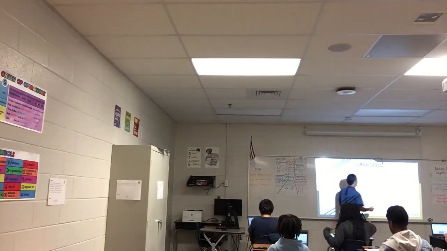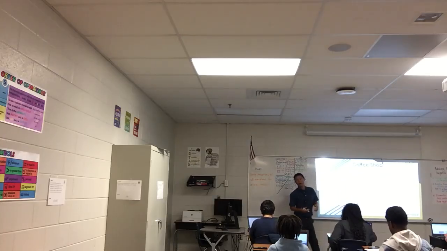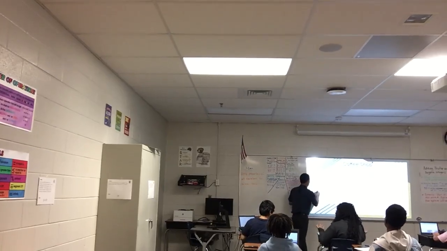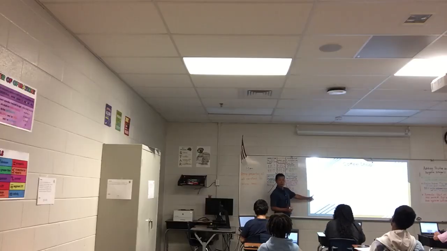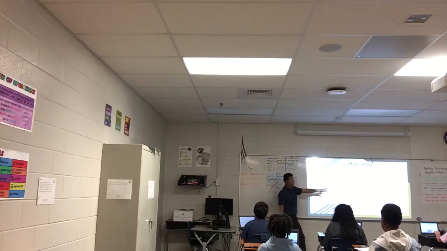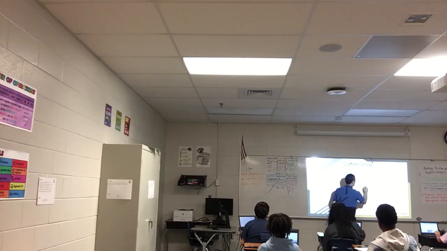11.7. Hey, we're talking about money right now. So how do I put money? Is that what we say with money? Money always has that dollar sign in the front, and how many decimal places after? It always has 2. So what do I need to put it as, David? $11 and what? $11.70.